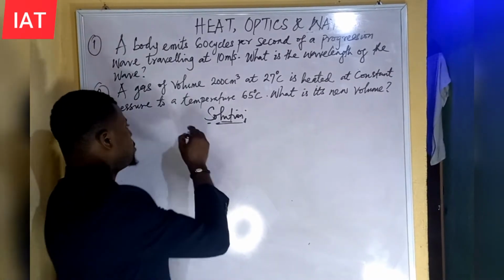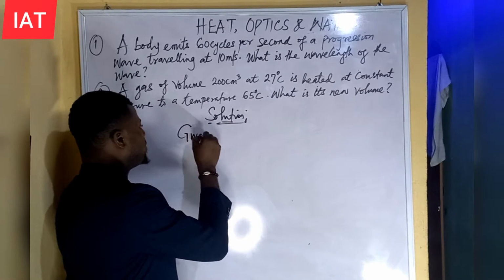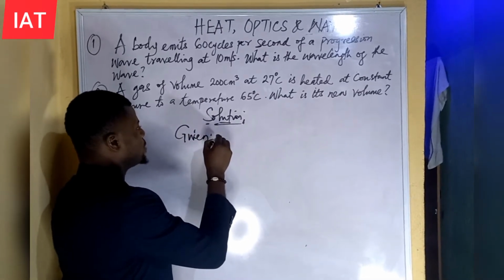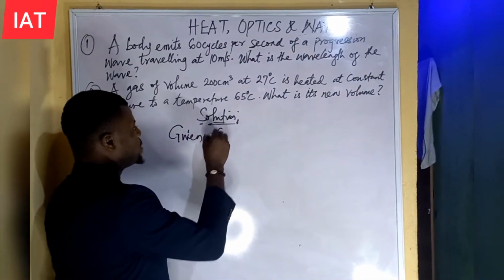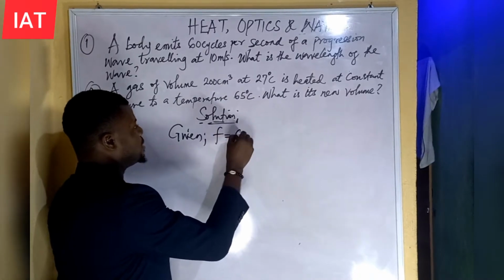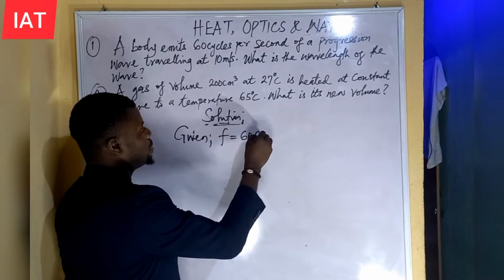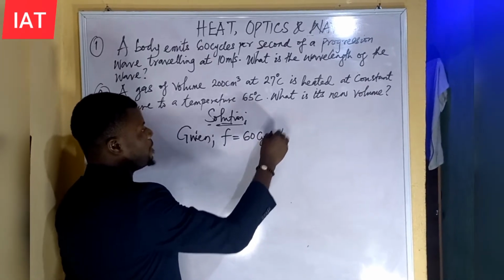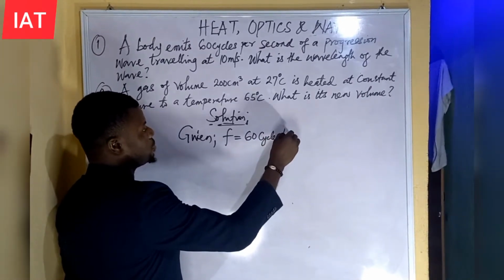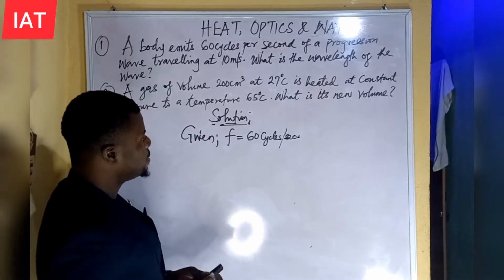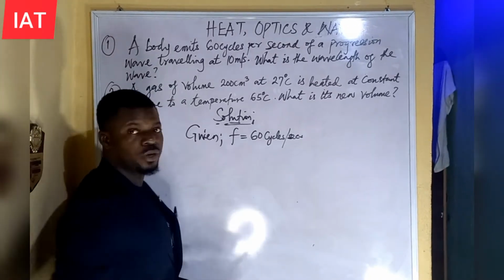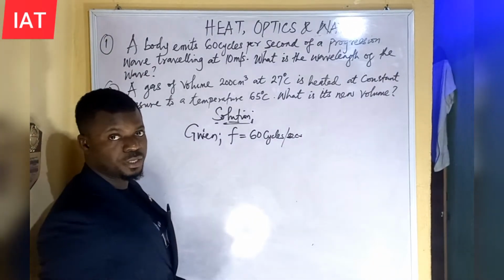So we will bring out the parameter: the frequency f is given as 60 cycles per second, which is equivalent to hertz. 1 hertz gives one cycle per second.